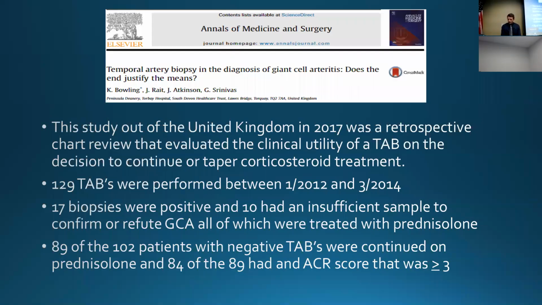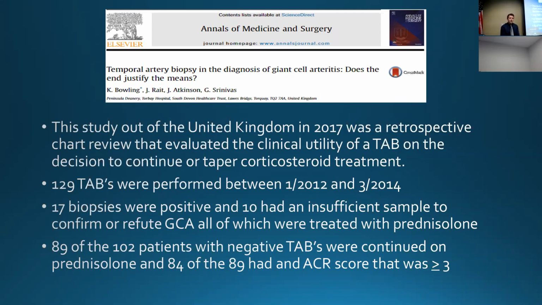So I looked at some of the literature, and back in the UK in 2017, there was a retrospective chart review that evaluated the clinical utility of TABs on the decision to continue or taper steroid treatment. 129 TABs were performed between 2012 and 2014. 17 of those biopsies were confirmed positive, and 10 biopsies had insufficient sample to confirm.